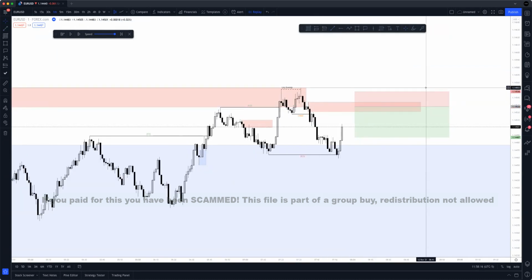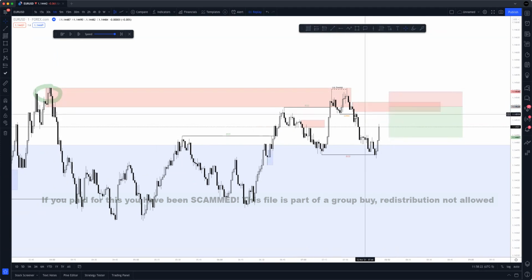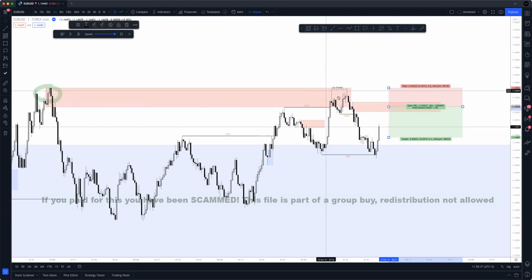Especially on the change of character, there's going to be room for scale-ins and stuff like that potentially too. So I want to make sure I'm not getting taken out of my first order. I'd probably take the 50% at this point and give myself at least a 2, probably even a 2.5 pip stop, without really hesitating. We're not going to be coming back up to mitigate the extreme, but we may tap into this area up in here.